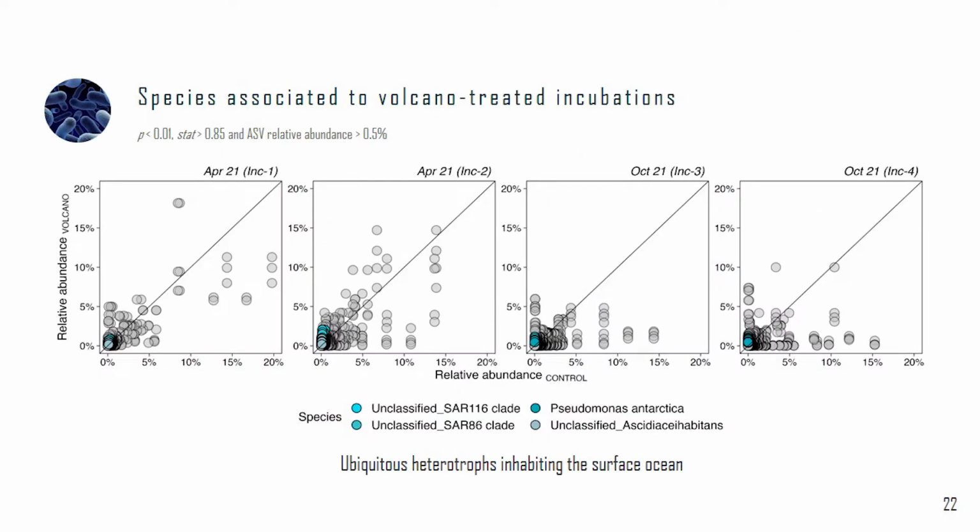And again, we did this analysis to try to get which species were benefiting the most in our volcano-treated incubations, and we got 2 different genera of SAR clade that are ubiquitous in the surface oceans, and also Pseudomonas, which are opportunistic bacteria when we have high concentrations of nutrients, so that's really good.